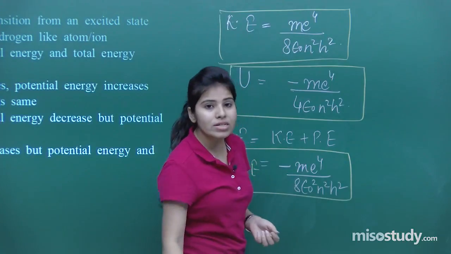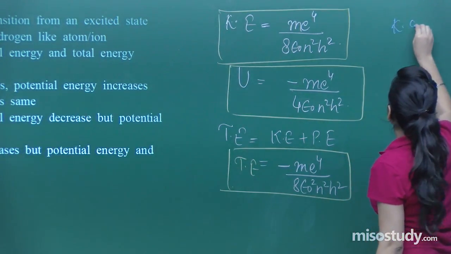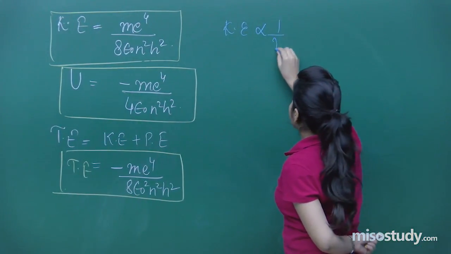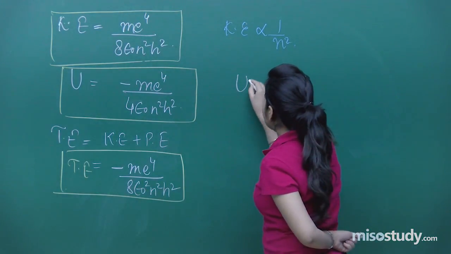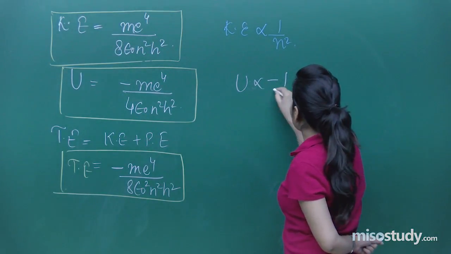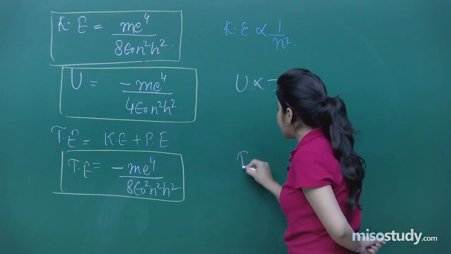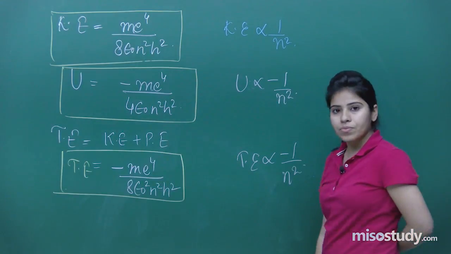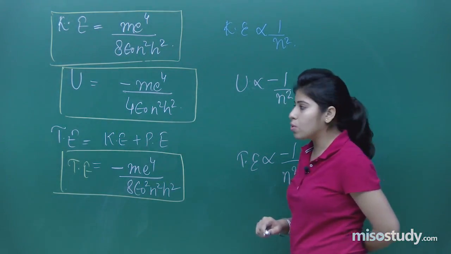What is important over here is that kinetic energy is inversely proportional to n square, and potential energy is directly proportional to minus 1 upon n square. Similarly, total energy is directly proportional to minus 1 by n square.